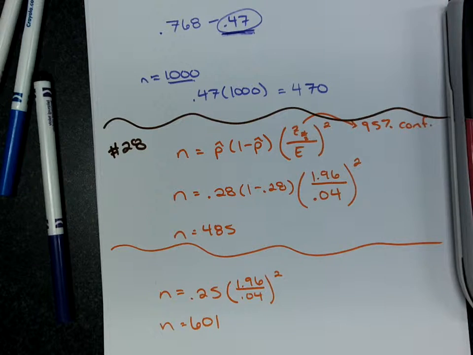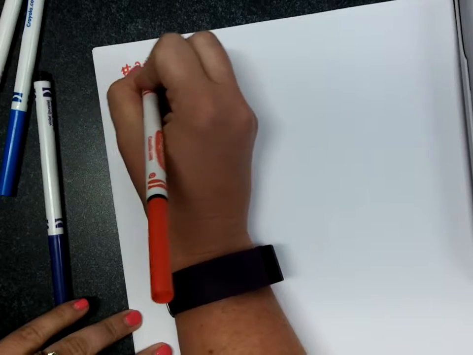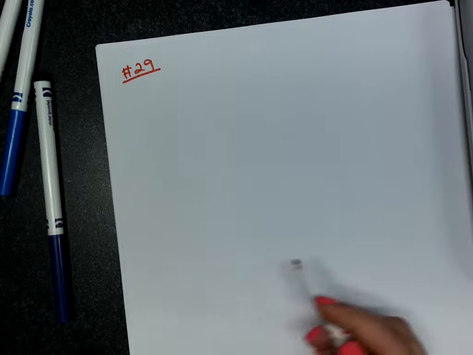All right, your next question comes from Chapter 9, Section 2. This is question number 29. It says a poll was conducted that asked 1,018 people.